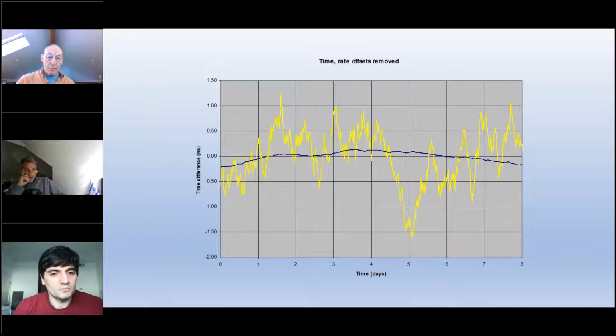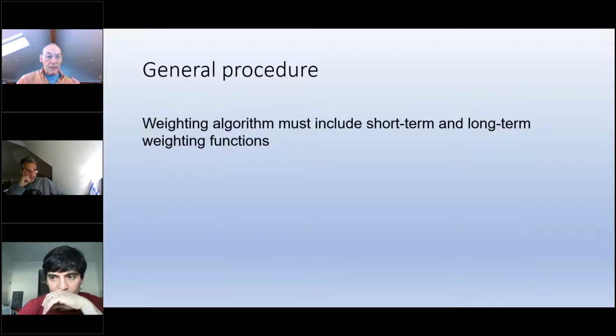So here's an example. This yellow line is the measurement input. The output could be your smooth estimate of the clock using an average down estimate of the frequency. It's just an indication.